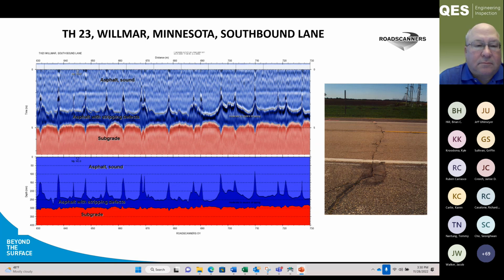It's a mechanical damage very much related to the dynamic loading and water breaking the binder aggregate bonds. Next slide.